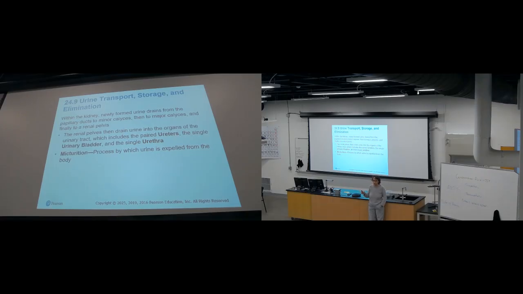So all the urine of the kidneys goes first into the renal pelvis, and then the renal pelvis extends a tubular organ, that is the ureter, that connects into the urinary bladder. And then within the urinary bladder, we store the urine temporarily, and then ultimately the urine ends in the urethra and then outside of the body. And the elimination of urine is known as micturition.